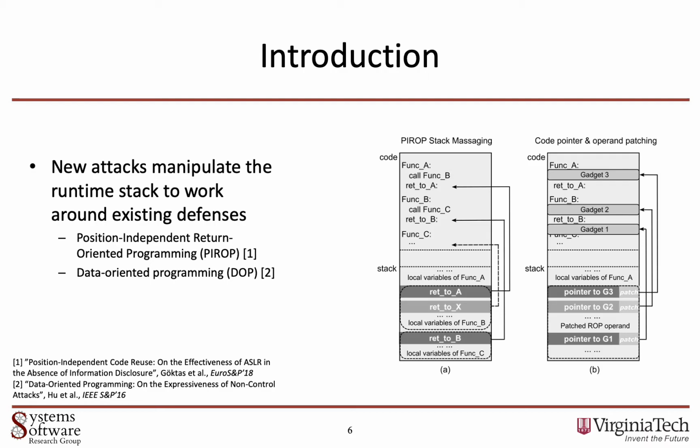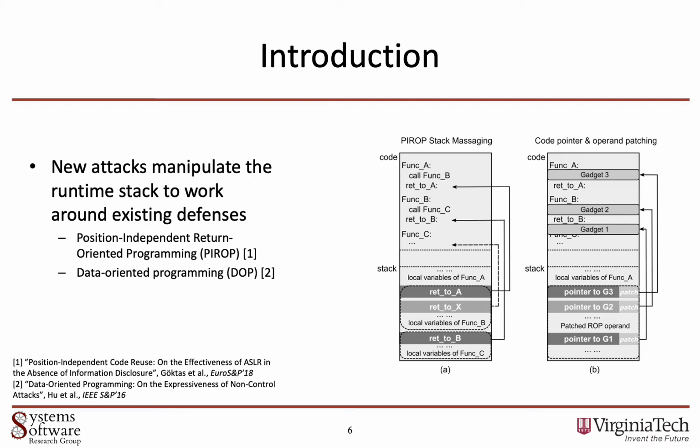Recent works describe new attacks which reuse existing data on the stack in order to work around existing defenses. In particular, position-independent return-oriented programming and data-oriented programming use data on the stack in order to attack applications. In this figure on the right-hand side, we show an example of PIROP stack massaging.